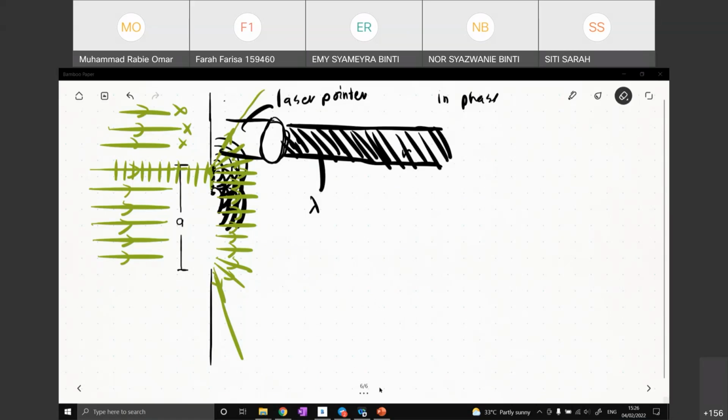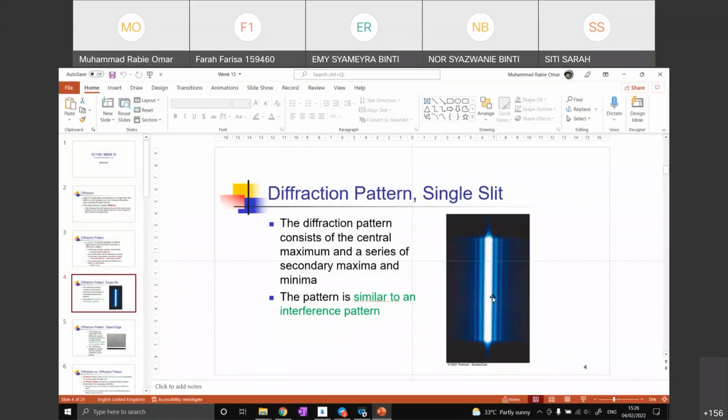And then when you want to see light diffraction using our eyes, basically, it looks like this. If you look at my slide here, we have a coherent blue light source, and then it goes through a slit. So I have my slit over here.